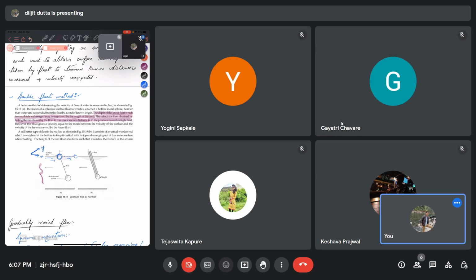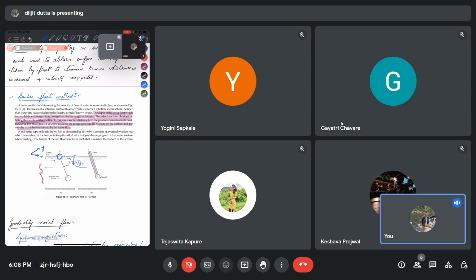Similarly to the single float. However, this float gives a velocity equal to the mean between the velocity of the surface and the velocity of the layer traversed by the lower float. The thing is that when you are using the surface float, it will give only the velocity at the surface, but the mean velocity is not generally the velocity of the surface; it will be somewhere in between, at some distance from the top. So this will give the mean velocity.